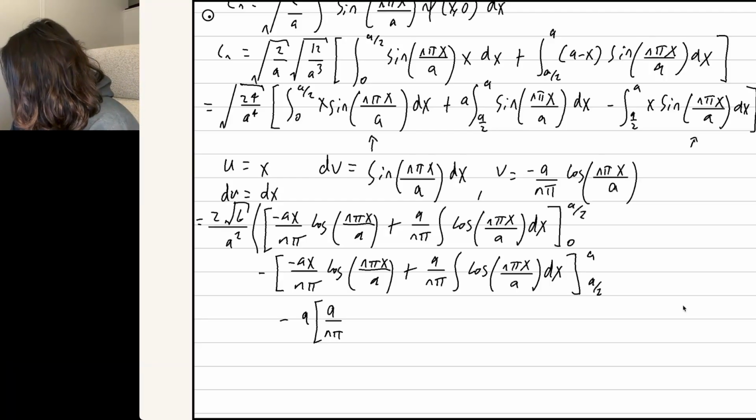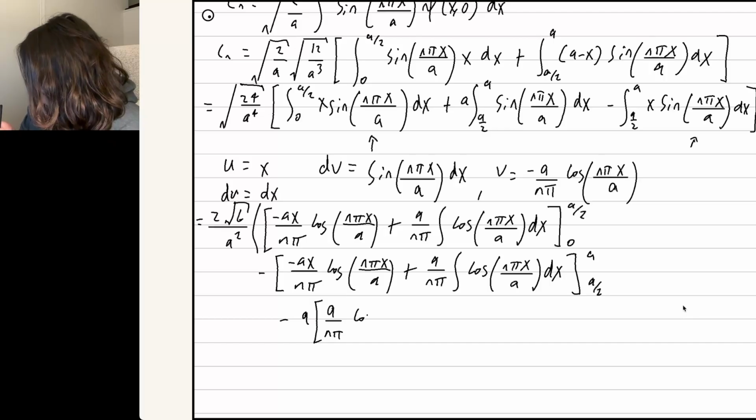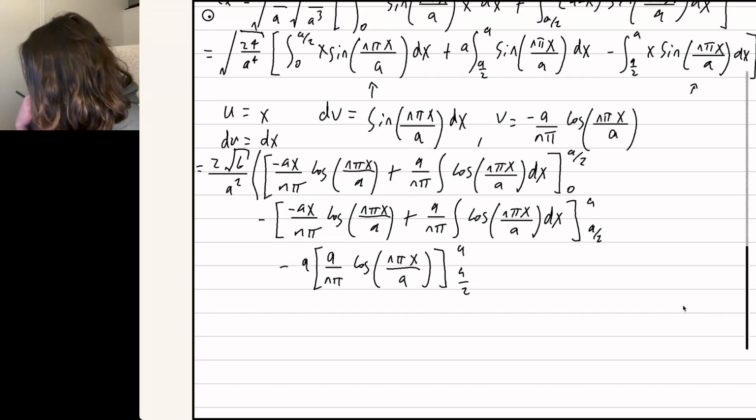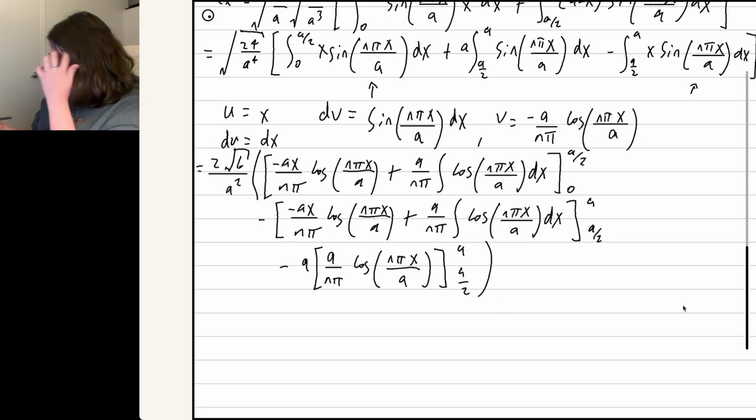Yeah, minus a over n pi cosine n pi x over a evaluated from a over 2 to a.